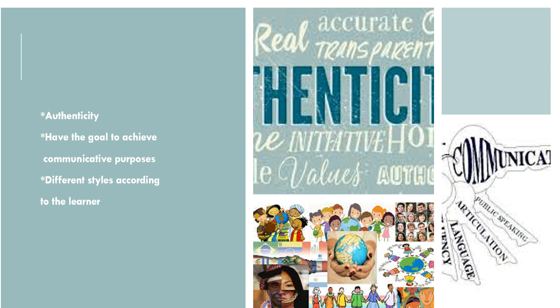Authenticity is very important because they need something that is authentic to call their attention. Also have the goal to achieve communicative purposes. They need to be able to communicate with the materials we are giving to them. Also, we need to consider that each learner is different, so we need to use different styles according to the learning.